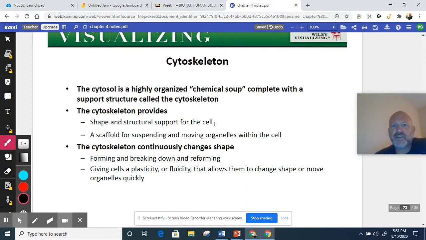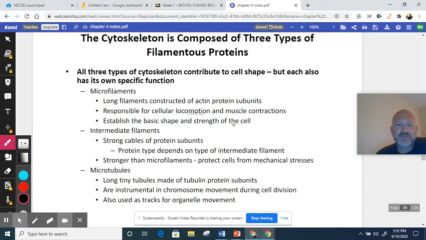Support is provided by this structure called the cytoskeleton. It's kind of like a cellular scaffold. And it's used for not only suspending organelles, but helping to move organelles around. So the cytoskeleton gives plasticity or fluidity to the cells. It allows the cells to change shape and move organelles around.